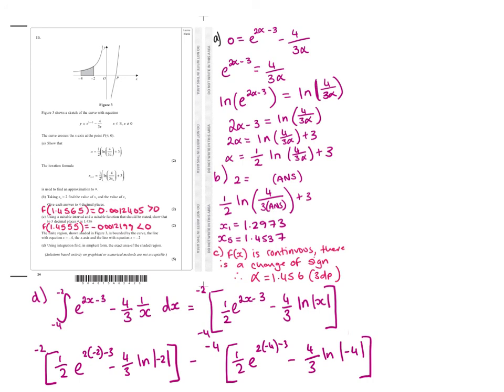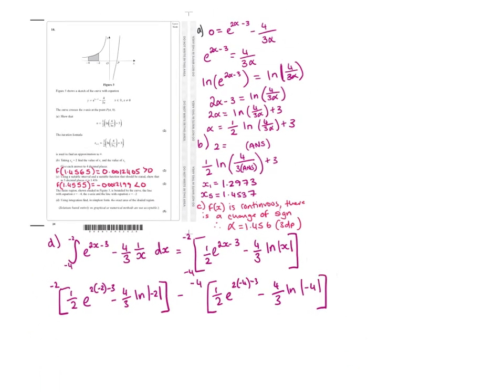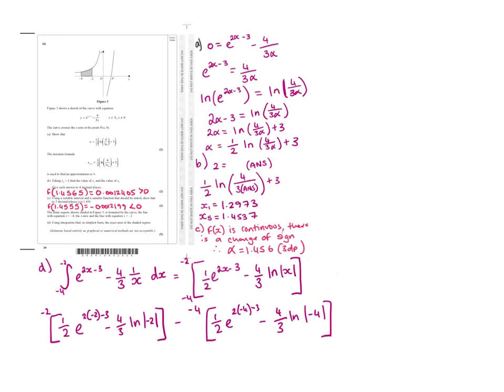So when we simplify this, we are going to have a half e to the power of minus 7 minus 4 over 3 ln of the modulus of minus 2. That is just going to be minus 4 over 3 ln of 2.